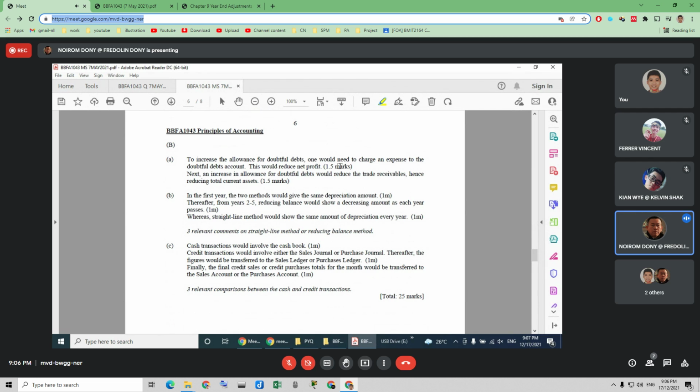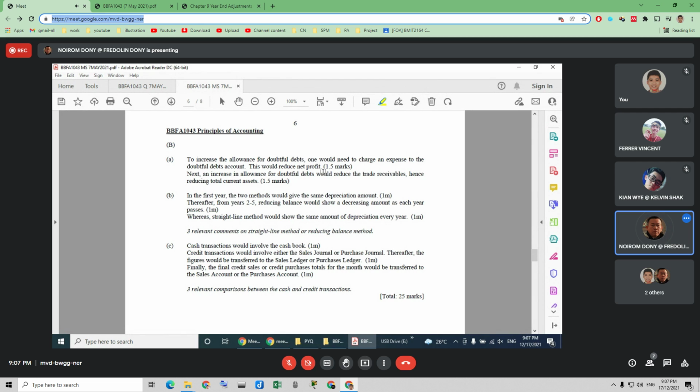In the new financial year, they have an increase in trade receivables, and this means more customers could end up as doubtful debts. So explain the effect of increasing the allowance for doubtful debts in the financial statements. To increase the allowance for doubtful debts, one would need to charge an expense to the doubtful debts account. So we are explaining how we do the recording in the ledger, in words.